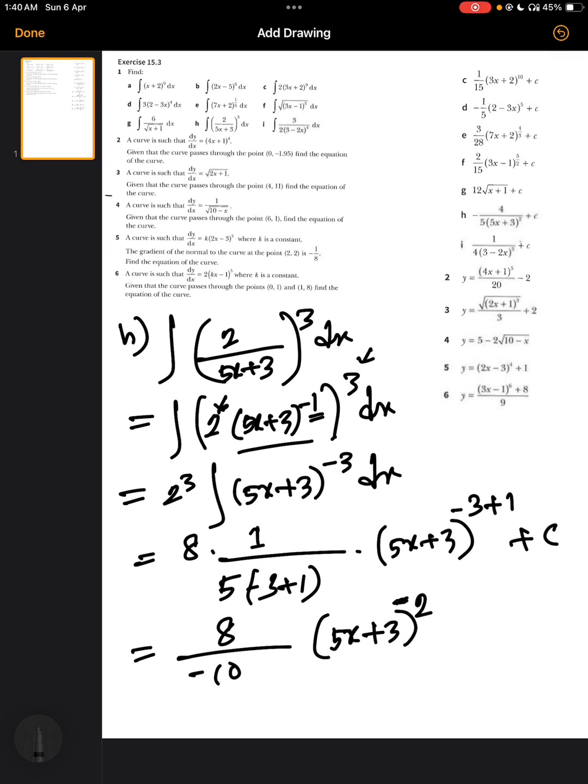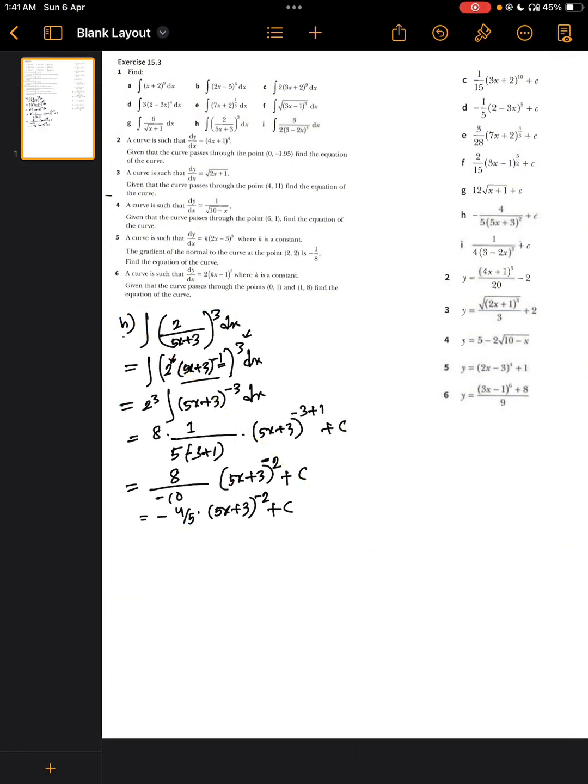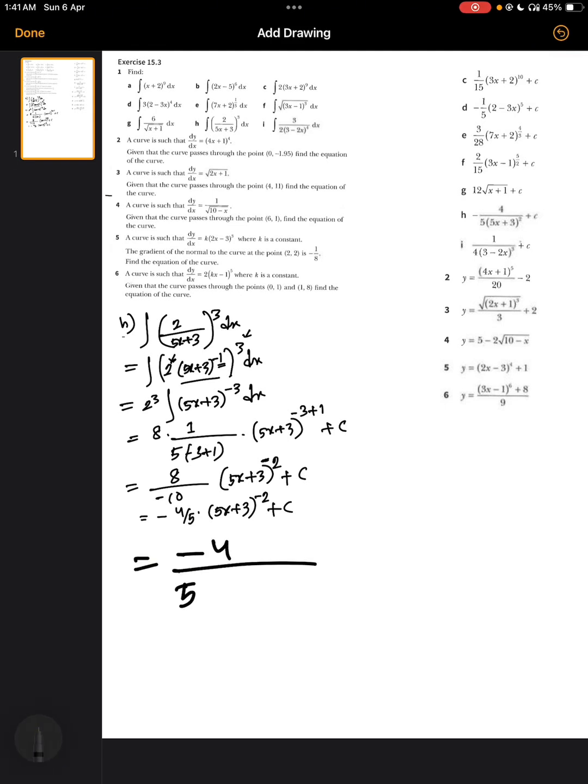Oh, this is negative 10 plus 3, right? So minus 4 over 5 times 5x plus 3 to the power negative 2 plus 3. Okay, I want to do one more line here. Minus 4 over 5 times 5x plus 3 to the power square plus 3. The result is absolutely correct.